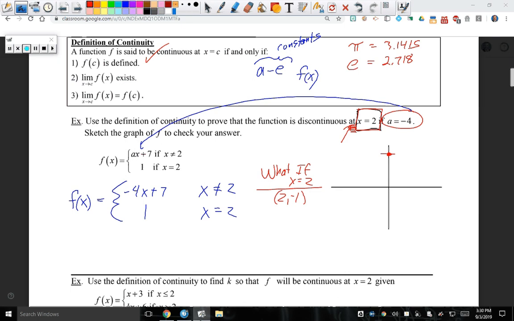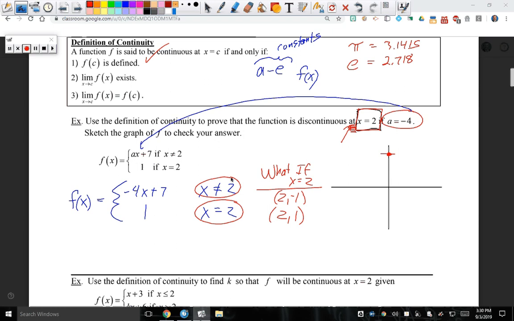Do you all agree? Okay. What would I get if x equals 2 for this one? 1. Because there's no variable to put anything in. So my 2 points, one is closed and one is open, will exist at 2, negative 1 and 2, 1.